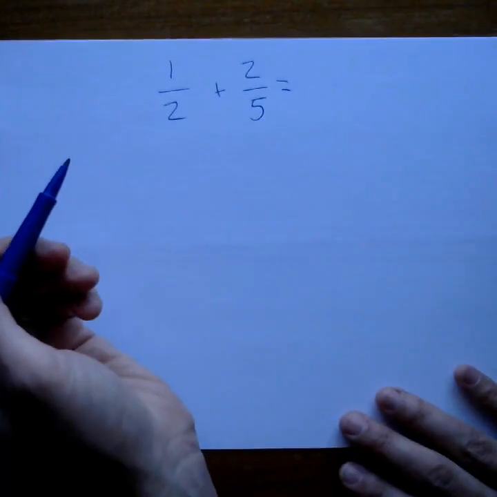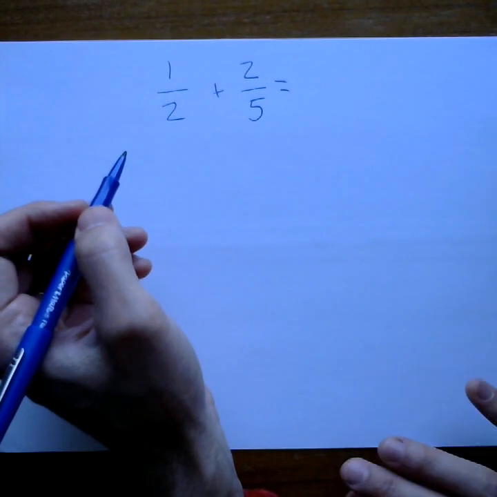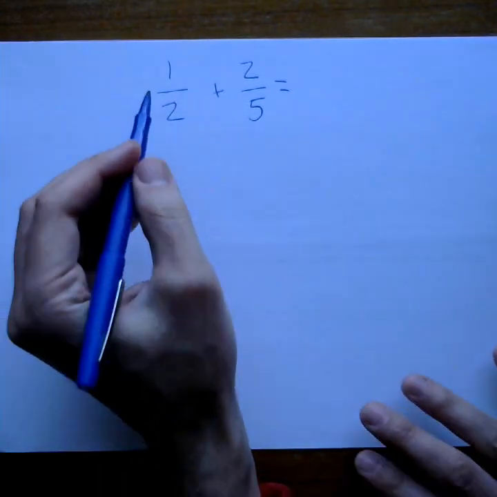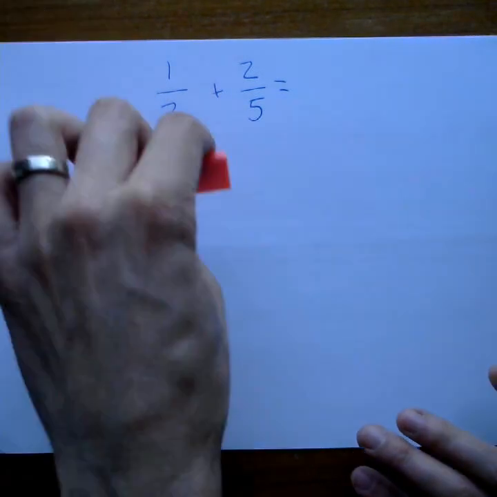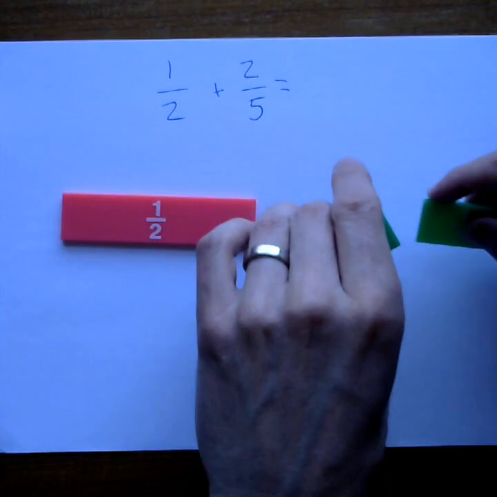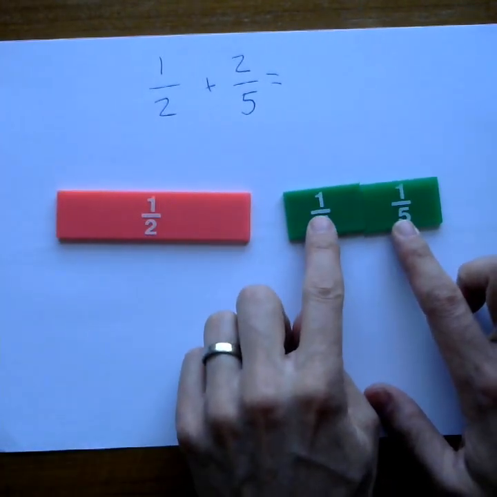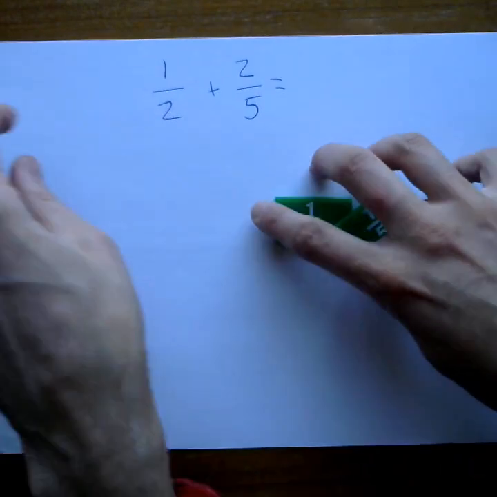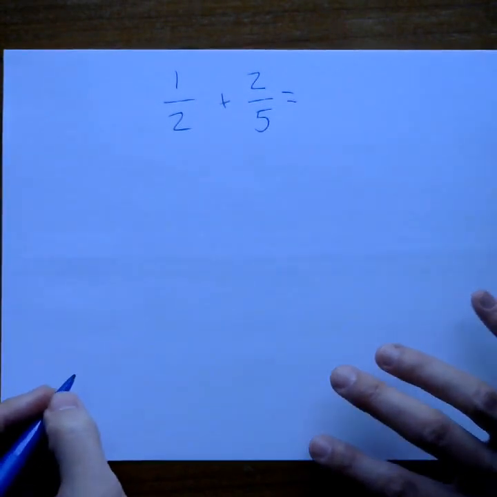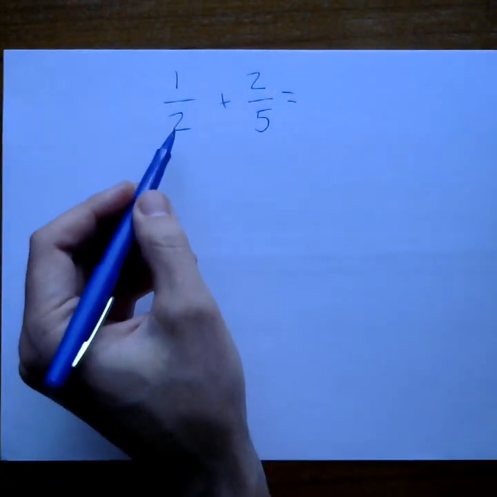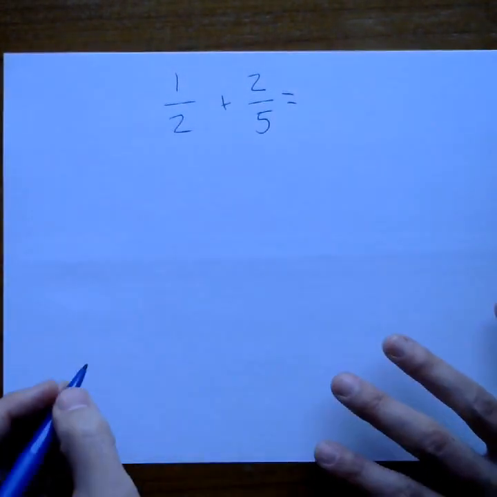Okay, so now let's try a problem like this with 2 different denominators once again, and let's do it without fraction tiles. So I'm trying to add 1/2 to 2/5. I know I said without fraction tiles, but I just want to prove to you that 1/2 and 2/5, these are different size pieces, so we can't add them. We need to get them in the same denominator. So we just learned that you can get equivalent fractions by finding the multiples of each denominator.